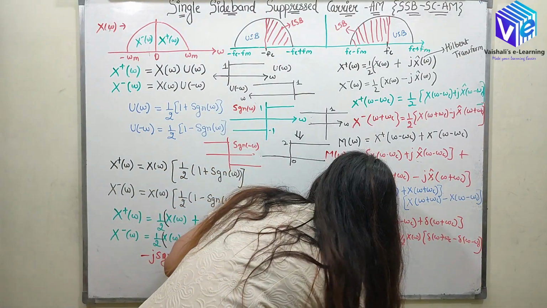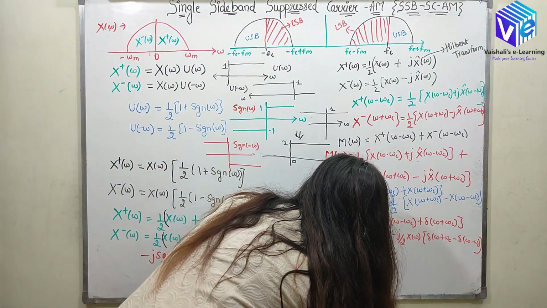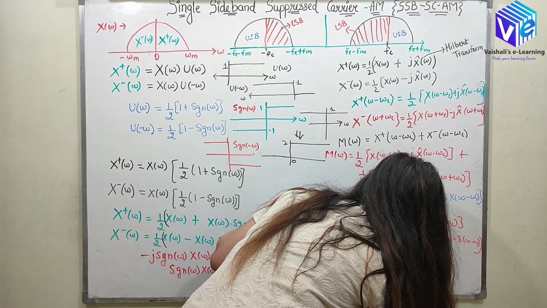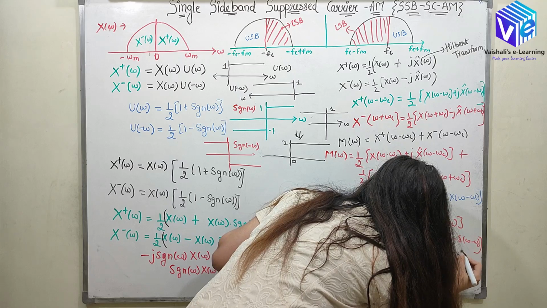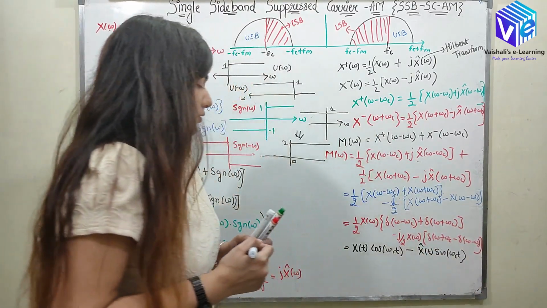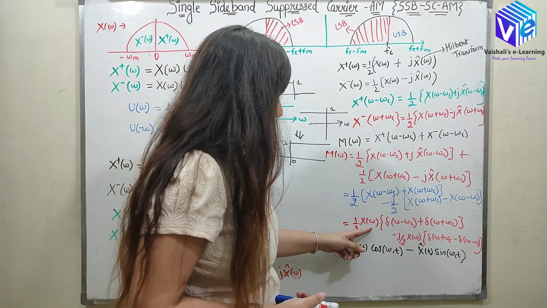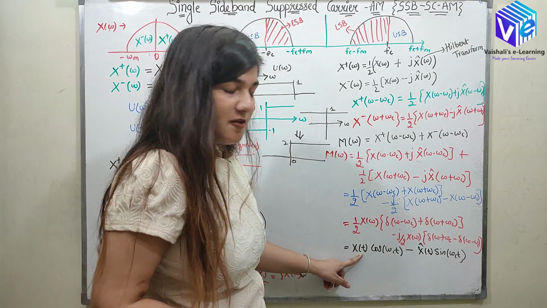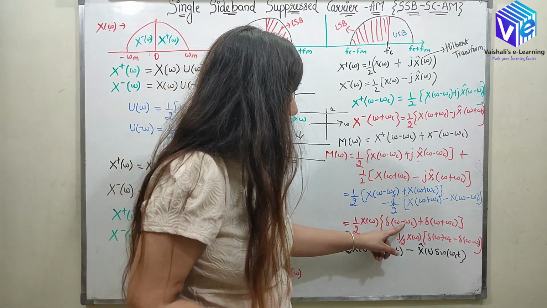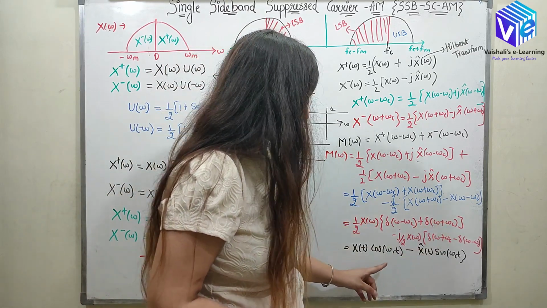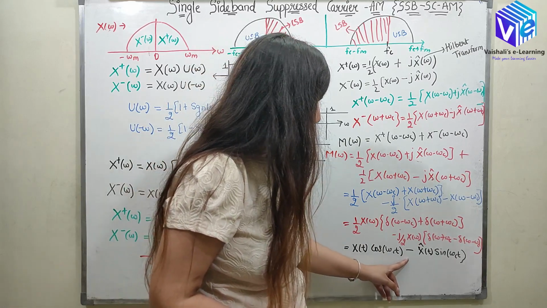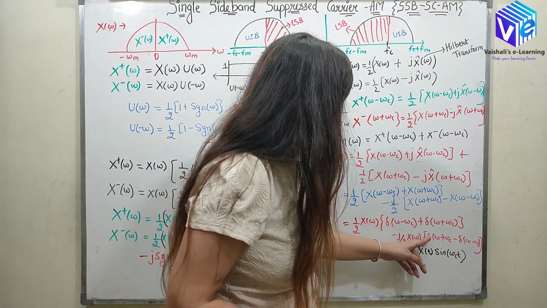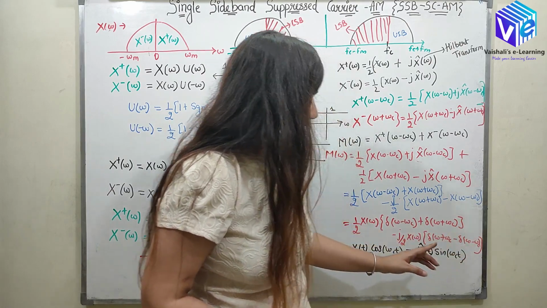So now it is representing X of t in the time domain. X of omega has the inverse Fourier transform X of t in the time domain. Half of delta of omega minus omega c plus delta of omega plus omega c represents cos of omega c t in the time domain. Now it can be written as minus 1 upon 2j delta of omega minus omega c minus delta of omega plus omega c.